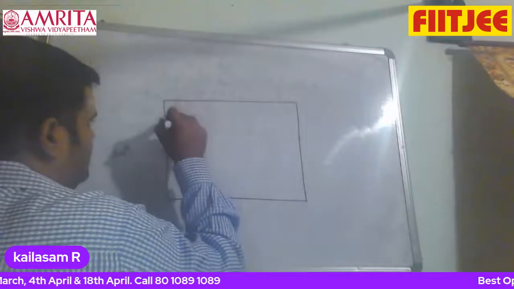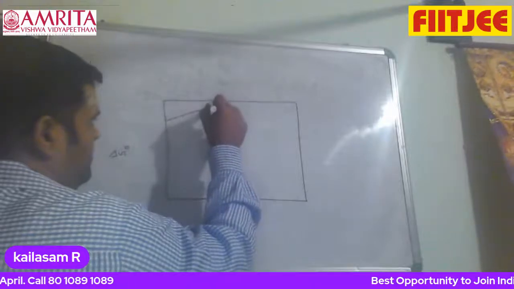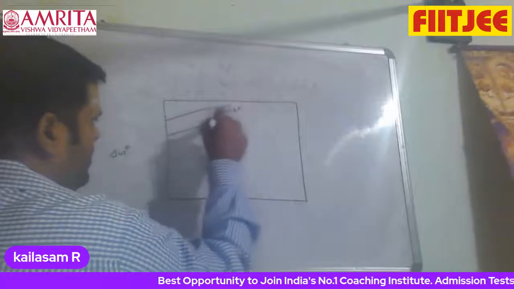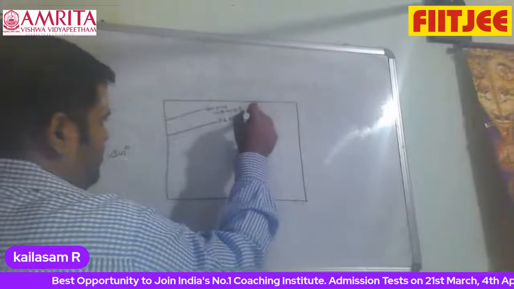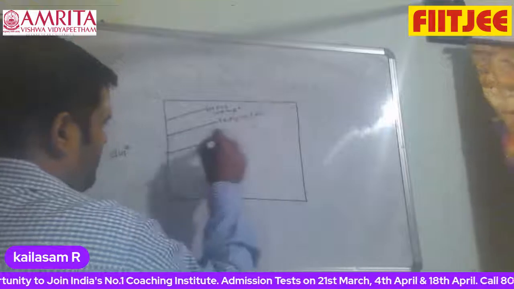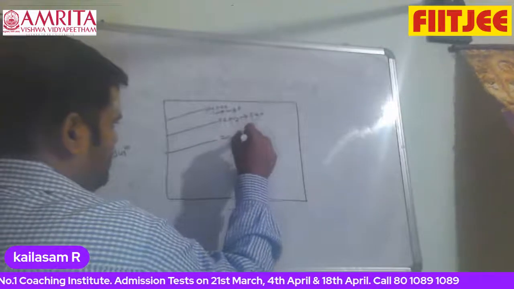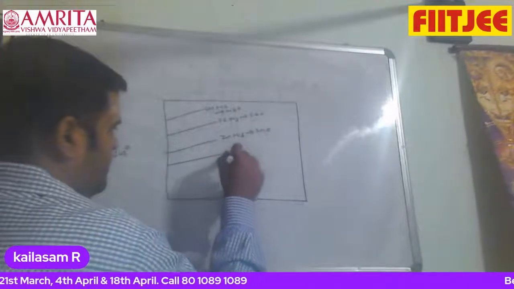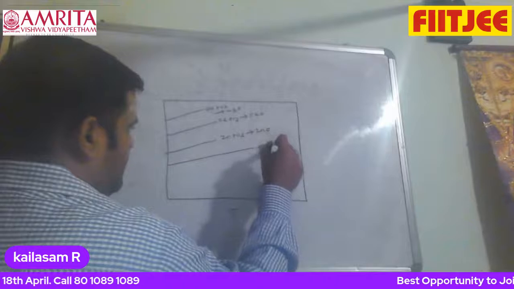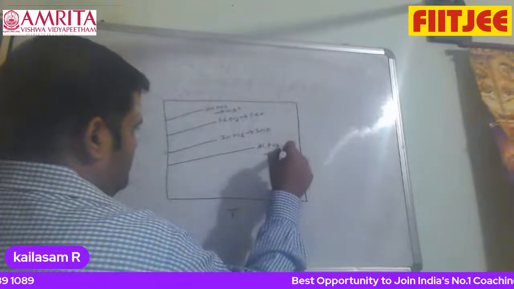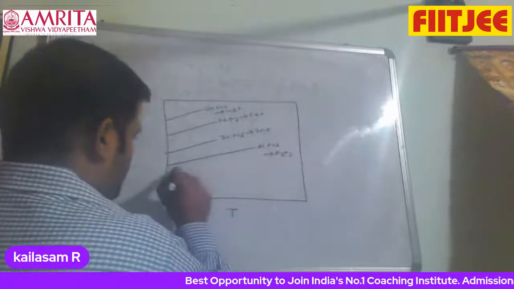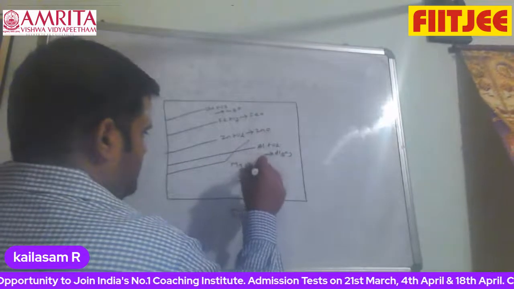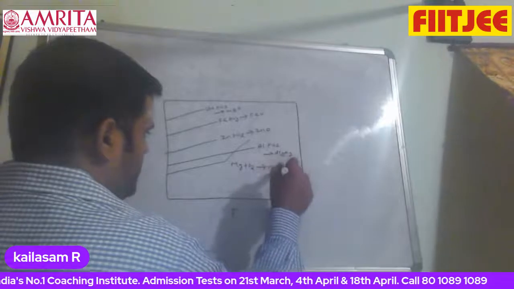Now I can take the formation of Cu plus O2 giving Cu2O, Fe plus O2 giving FeO, Zn plus O2 giving ZnO, Al plus O2 giving Al2O3, and Mg plus O2 giving MgO. Please observe here.